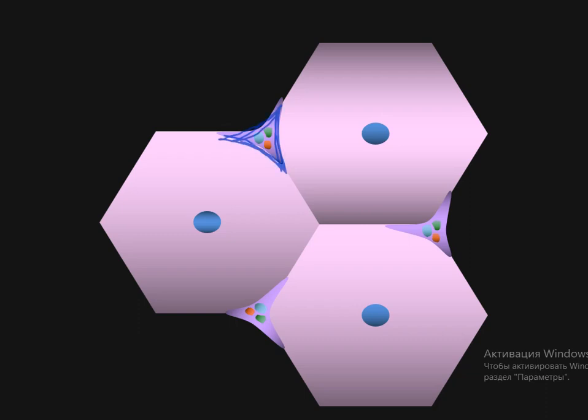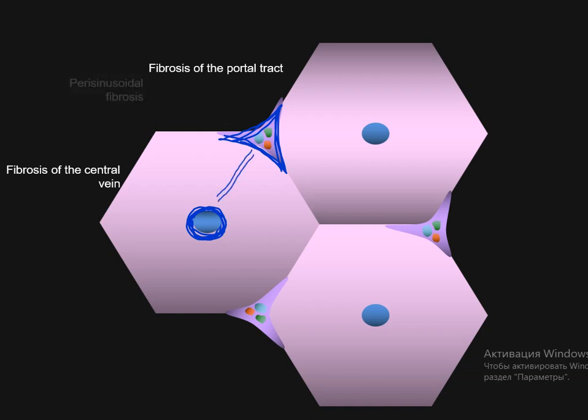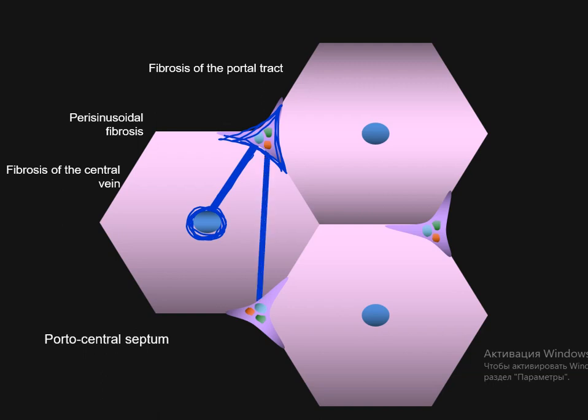So here you can see periportal fibrosis, fibrosis of the central vein, perisinusoidal fibrosis, formation of porta-central septa, porta-portal septa, and central septa.